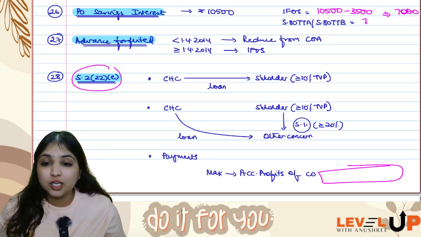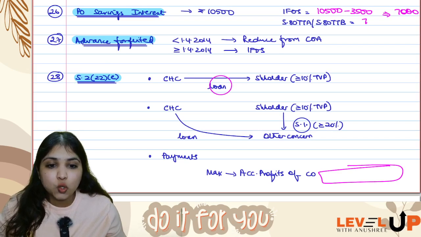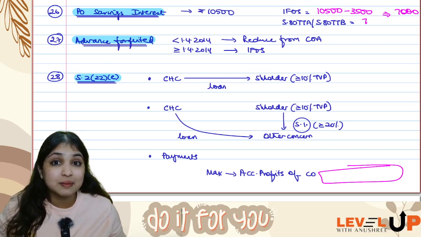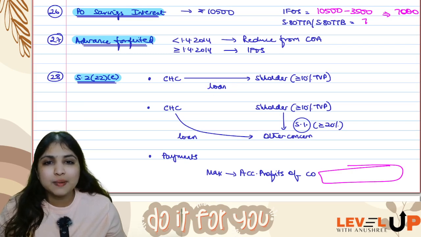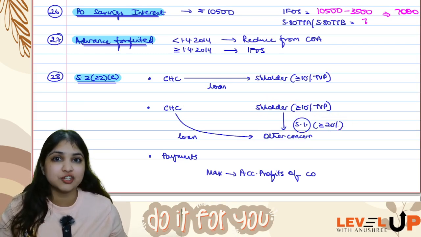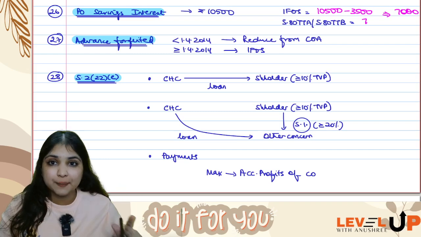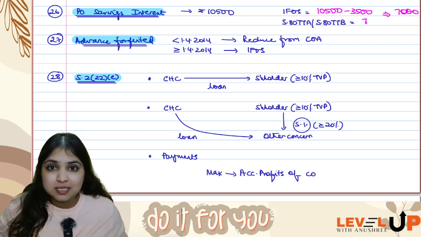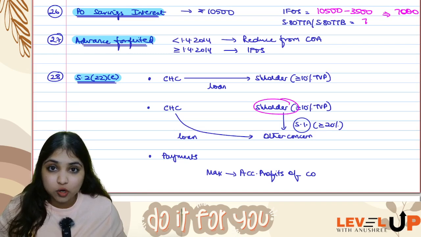Okay. So 222E, closely held company is giving a loan to a shareholder who is having at least 10% equity shares. This loan will be considered as dividend. Closely held company is giving a loan to some other concern where such shareholder is having substantial interest. Substantial interest means at least 20% interest. This loan will again be considered as dividend under 222E for the shareholder.